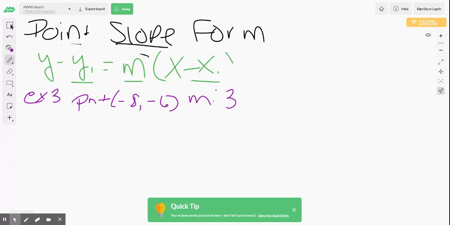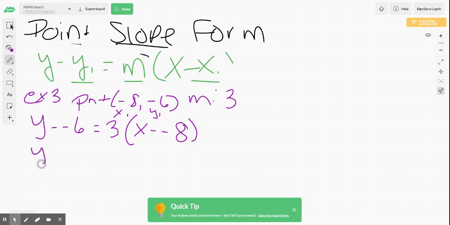So since they're giving me a point and a slope, I'm going to use point slope. So I'm going to have y minus -6. So y minus y1 equals, my m is 3, parentheses, that first x stays minus the x value of this problem, which is -8. So I could stop there, but I want to make it a little bit prettier.